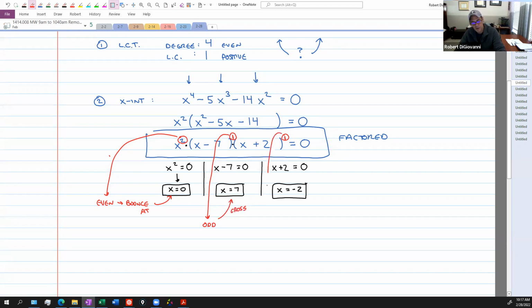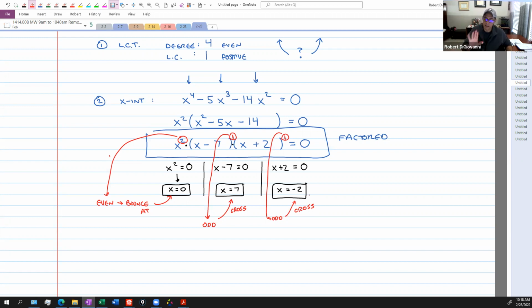This number is also odd, which means here I'm going to cross through. Does that make sense? Even power, bounce, odd power, cross. Yes? Even bounce, odd cross.